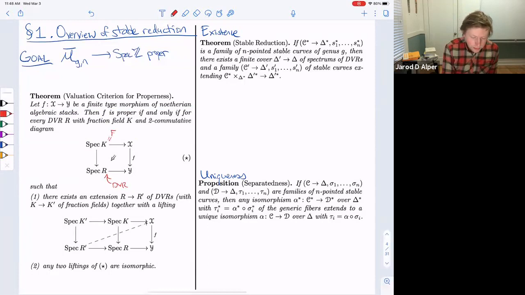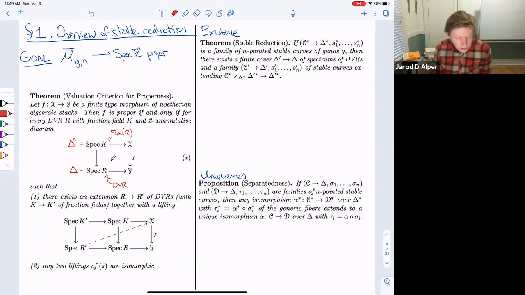K is the fraction field. We think about Spec R as a curve, which I'll call delta, and then the generic point Spec K is the open inclusion, the punctured disk.